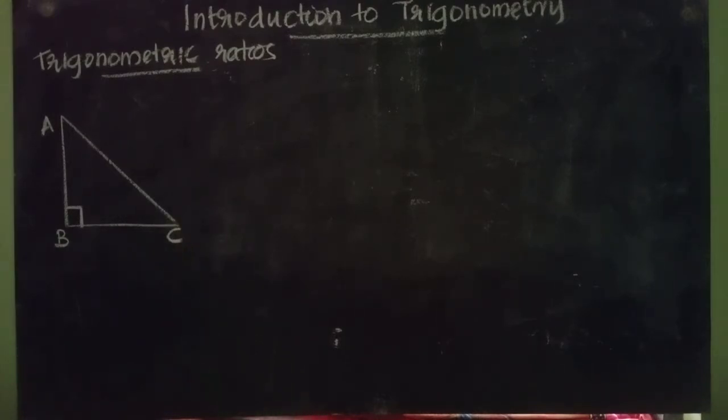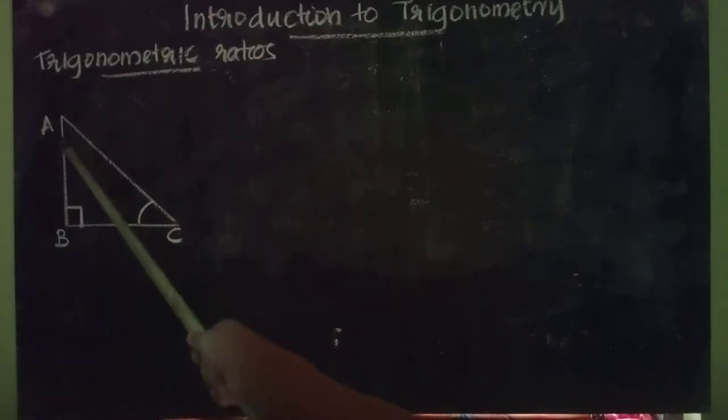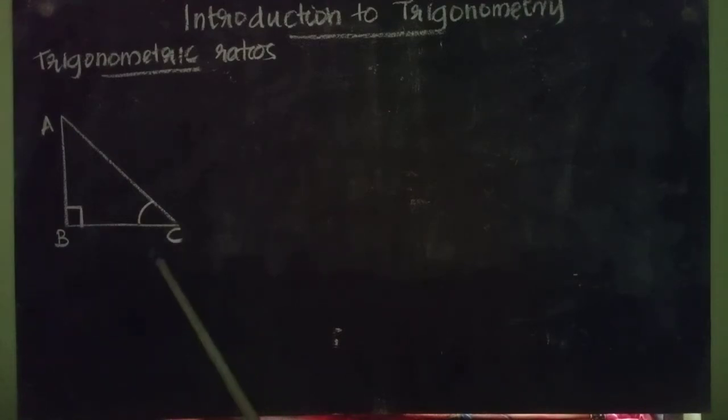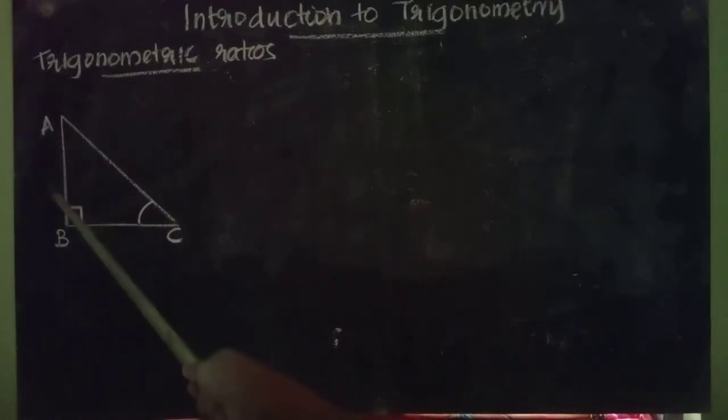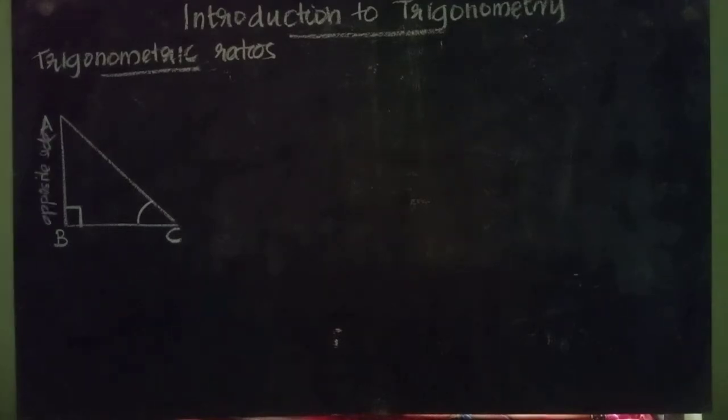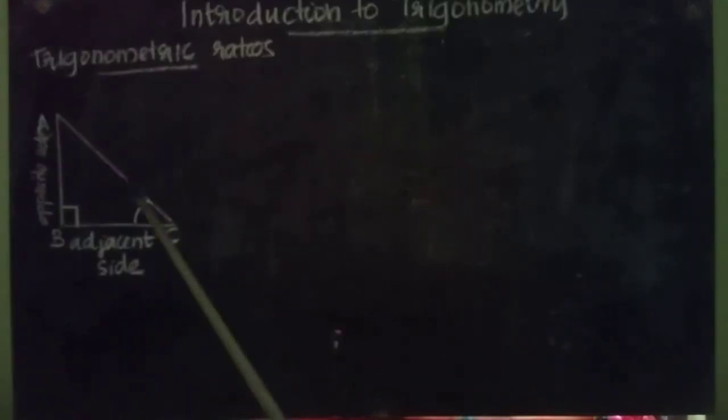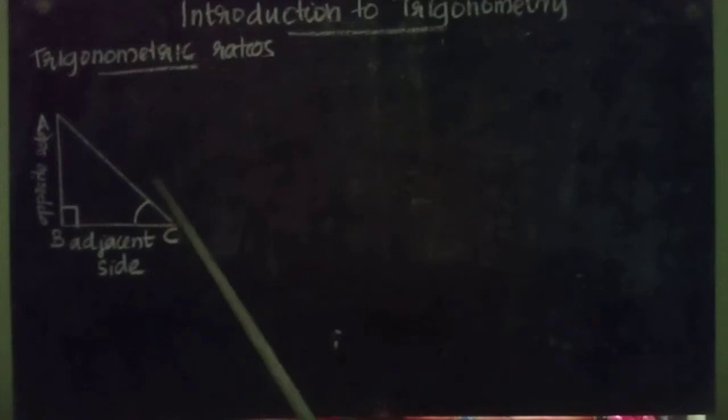Let us consider this C. You can see this side AB is lying opposite of this angle C. So, this side AB we can consider as the opposite side of angle C. Now we can see this side BC, it is the nearest side of angle C, or the side adjacent to angle C. So we can consider this side BC as the adjacent side of angle C. Then what about this side AC?